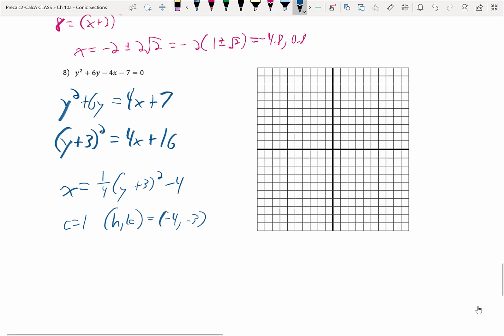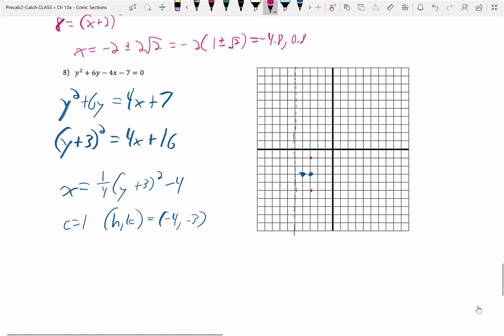If I graph -4, -3, I know that this parabola opens right. And since the c value is 1, this is going to be really tight. So the directrix would be located 1 unit to the left. The focus is 1 unit to the right. My symmetrical points are here and here.